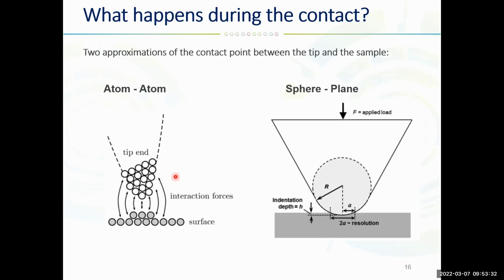The trouble is, of course, that the chemical composition of the tip or the substrate, especially on an atom-by-atom basis, is very complex, and we don't always know what kind of material it is, and you cannot calculate it every time for every single tip. It would be a lot of calculations and a lot of work.